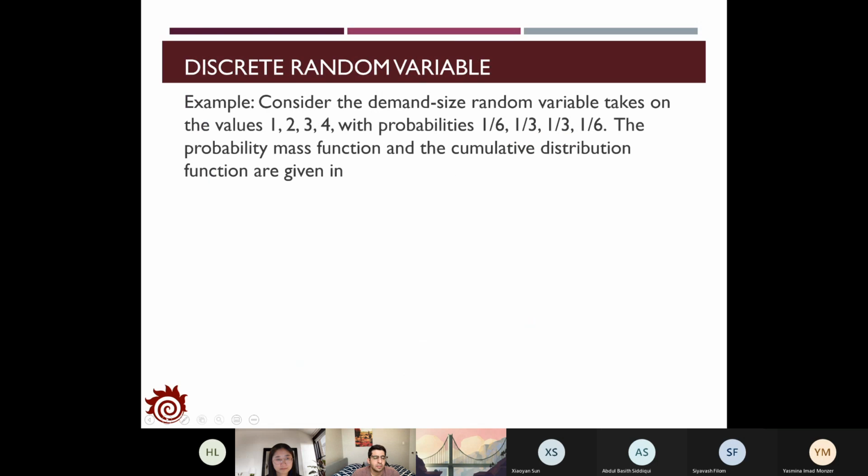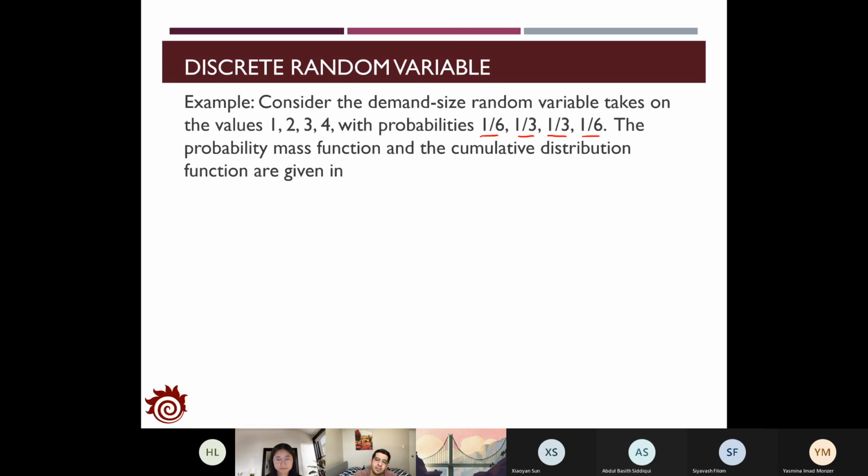Here we have one typical example of a discrete random variable, assuming that we have the demand size as a random variable choosing from the values 1, 2, 3, and 4. We have 4 possible values, and their probabilities are 1/6, 1/3, 1/3, and 1/6. If you sum them together, it's 1.